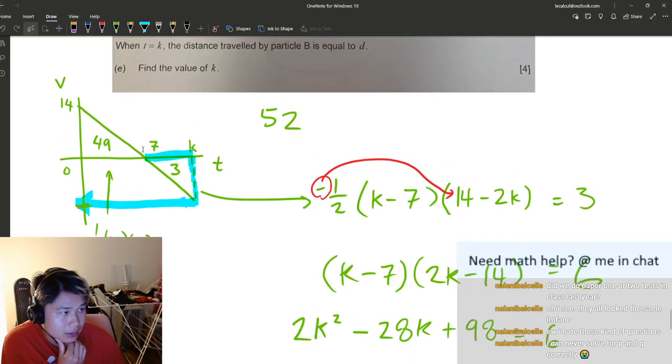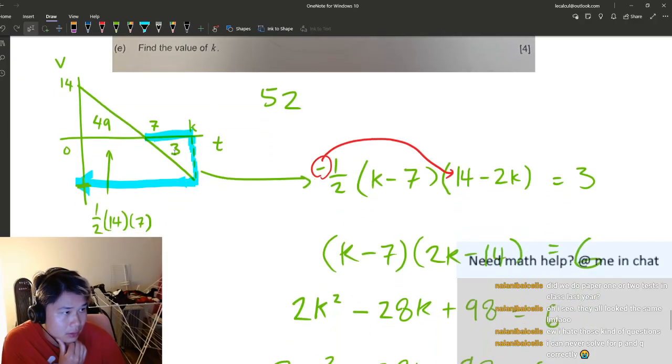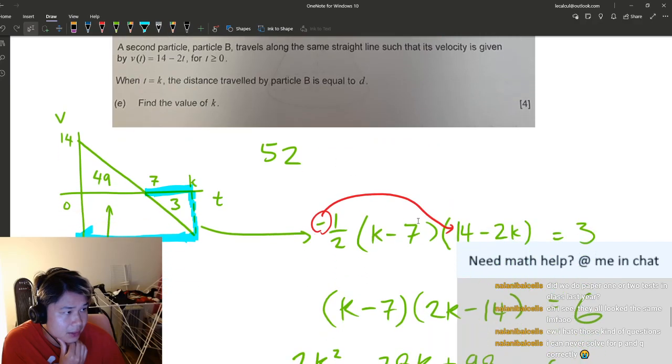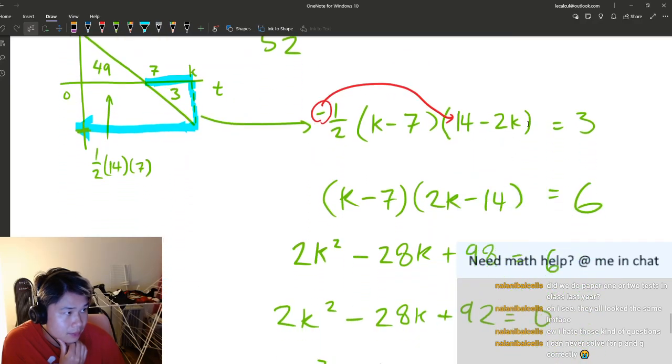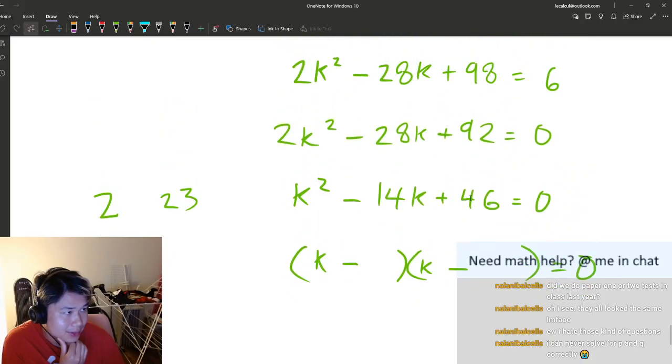So 52, 49, this needs to be 3, k minus 7, negative 1/2, 14 minus 2k. Is this not factorable? Did I do something wrong?